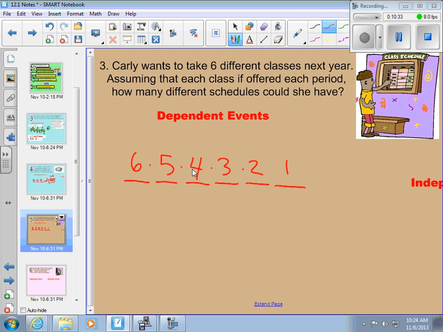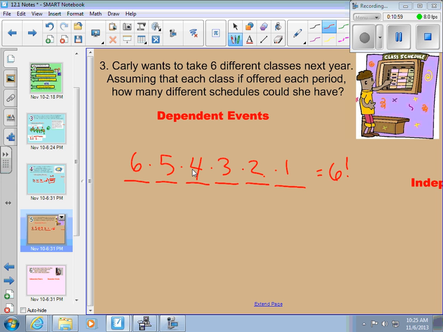Then again, we multiply these together to find the total amount. So if you take 6 times 5 times 4 times 3 times 2 times 1, you can figure out how many possibilities there are going to be. There's a way to do this on your calculator to multiply all the numbers down a line where they just go down by 1 each time, and it's called the factorial button.